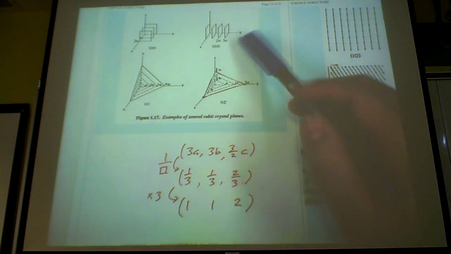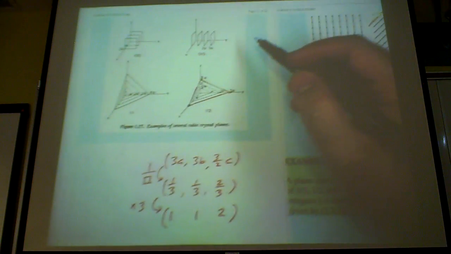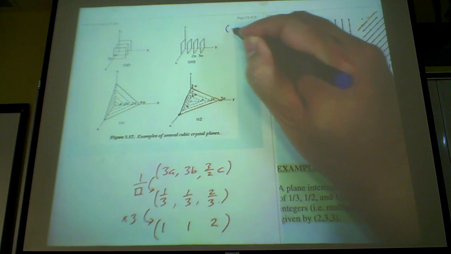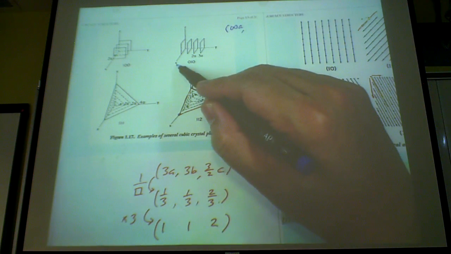If you look at this one, for example, what is this one? This one intercepts at infinity A, because it doesn't intercept x.